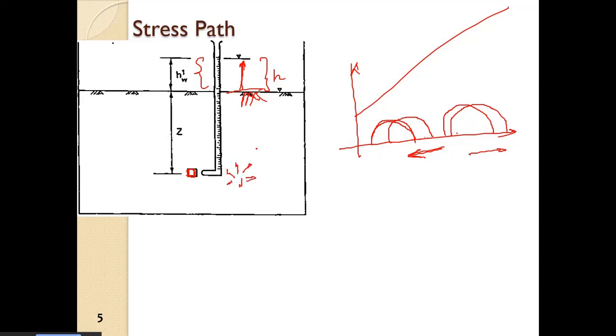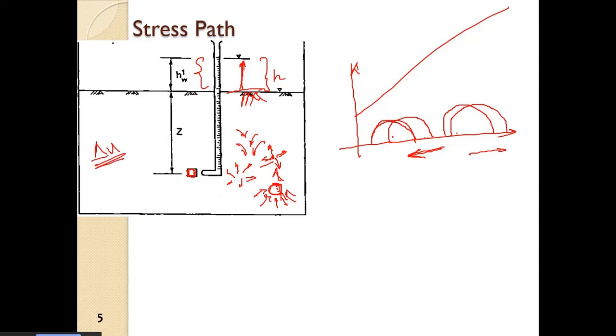The soil particles try to collapse into a denser state, whereas the water molecules vibrate in all directions, and when there is a soil particle, the water molecules will try to push it up. So ultimately there is a rise in pore water pressure.